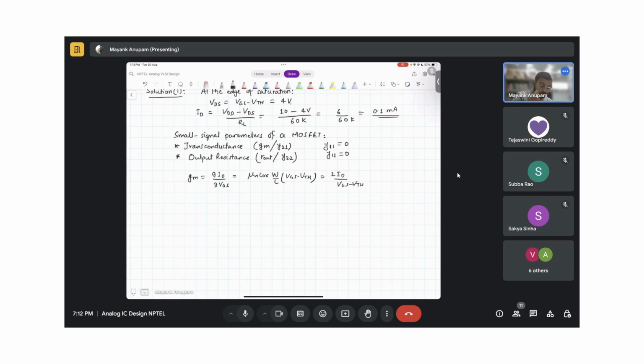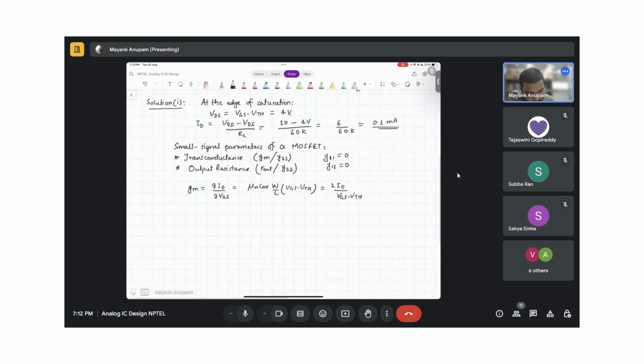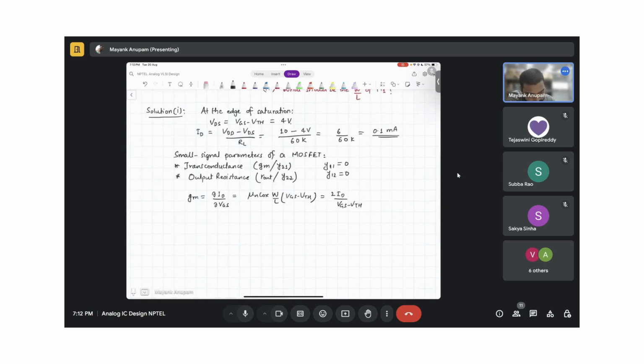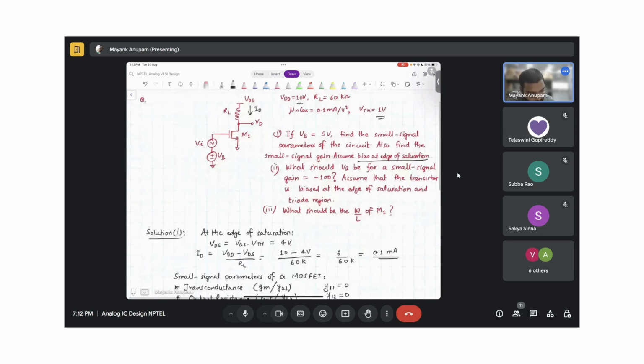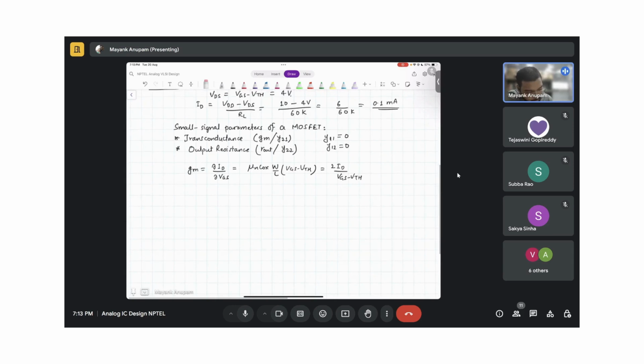Am I right? So which one should we use right now? We can use any of these, either this or this, because we have all the information known to us. So let's use the second one.